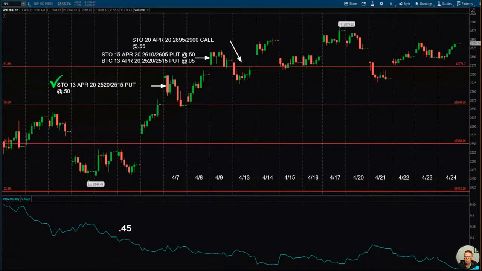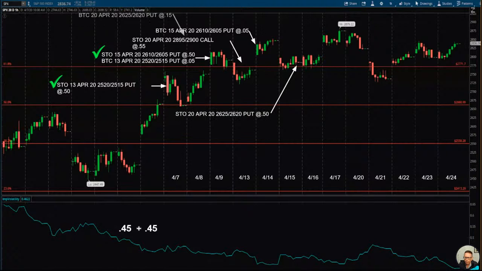Then I put on another call spread, and then was able to close the put spread for 5 cents, right? So I gained another 45 cents on that trade. And then I put on another put spread on the 15th and closed the other put spread for 15 cents. So that's another 35 cents there.